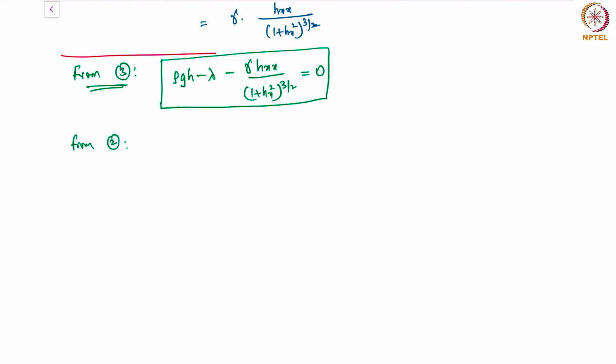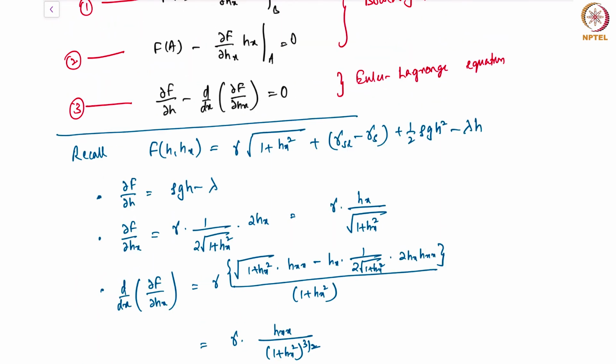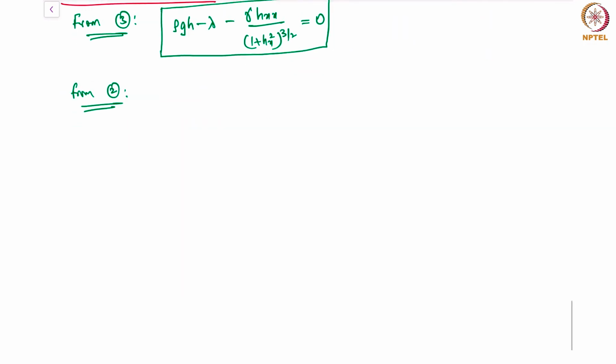That's, let's say, from 2. This 2 relates the value of the function at a to its derivatives at a. So what we have now is f at a minus del f by del hx times hx. This is what we have, right?